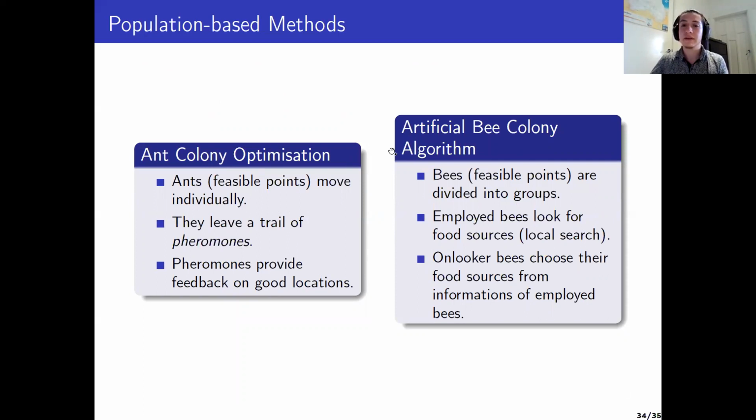And finally, we have the artificial bee colony algorithm, which is inspired by how bees behave to find food. Bees are divided into groups. The employed bees look for food sources, so each of the employed bees corresponds to a local search. Then a second group of onlooker bees choose their food source given the information that the employed bees give. And this process is iterated.